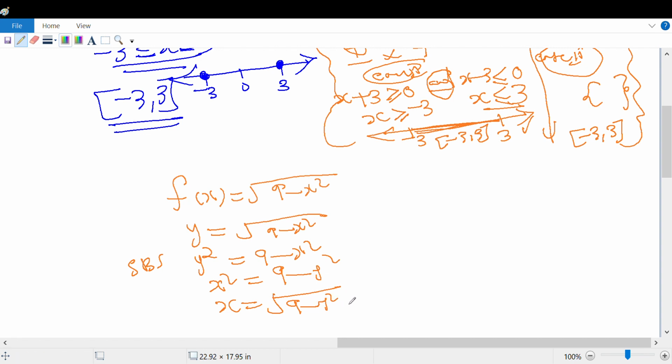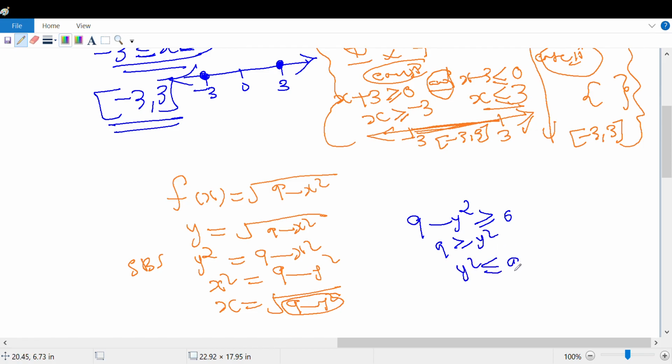And the same constraint is over here again. So in the inside portion, again it must be greater than or equal to 0. So if I take this inside portion, 9 minus y square greater than or equal to 0 and 9 greater than or equal to y square.